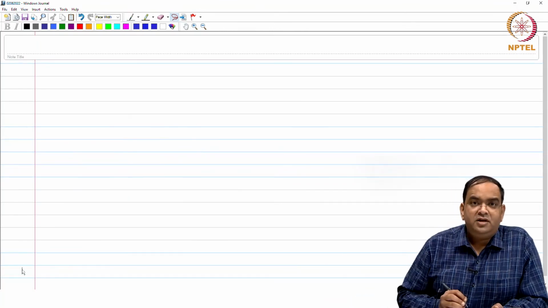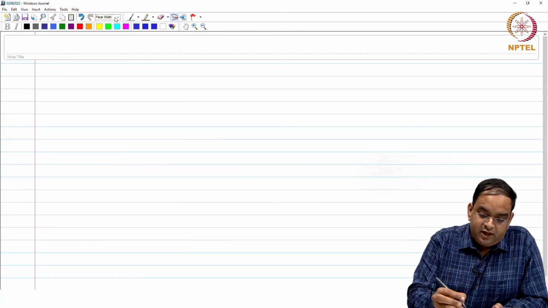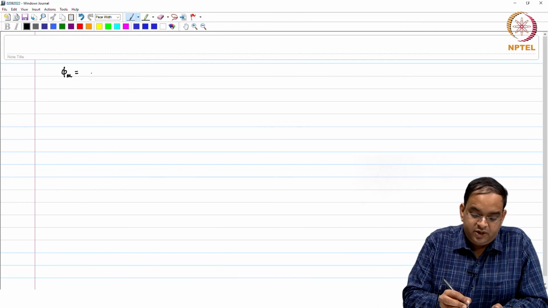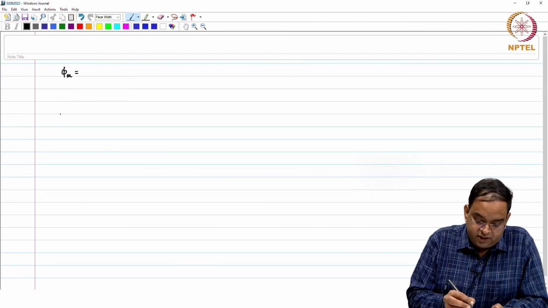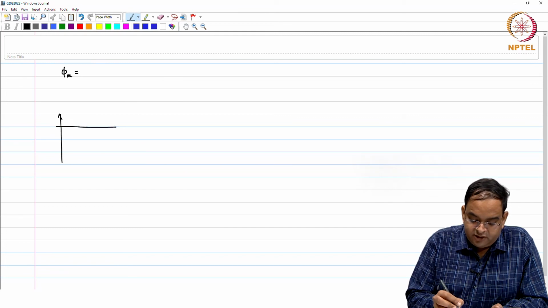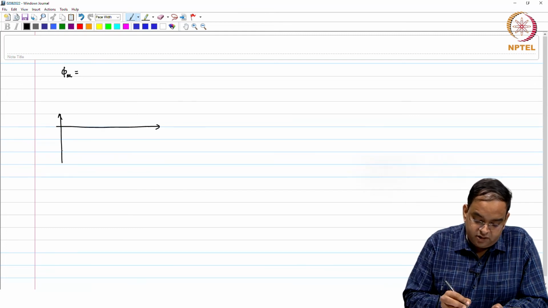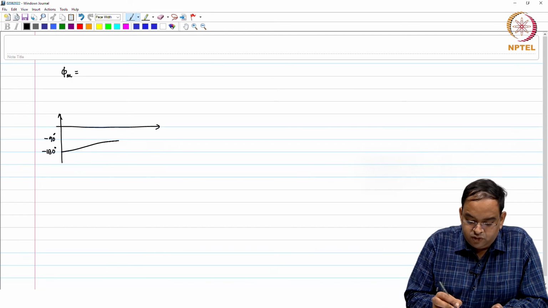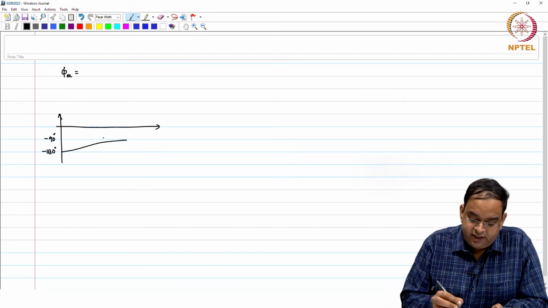So, we have seen the loop gain of the PLL. In order to calculate the phase margin of the PLL, this is equal to the separation between your actual phase and minus 180 degree. So, let me just redraw this, where you start from minus 180 degree and after some time this goes to minus 90 degree.